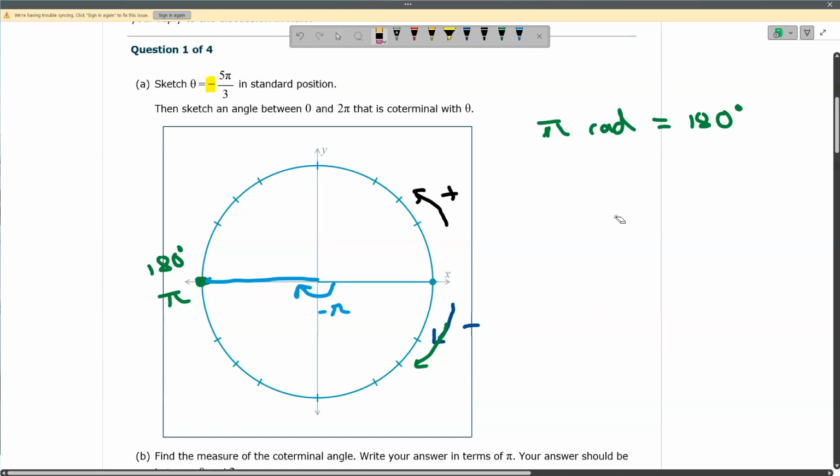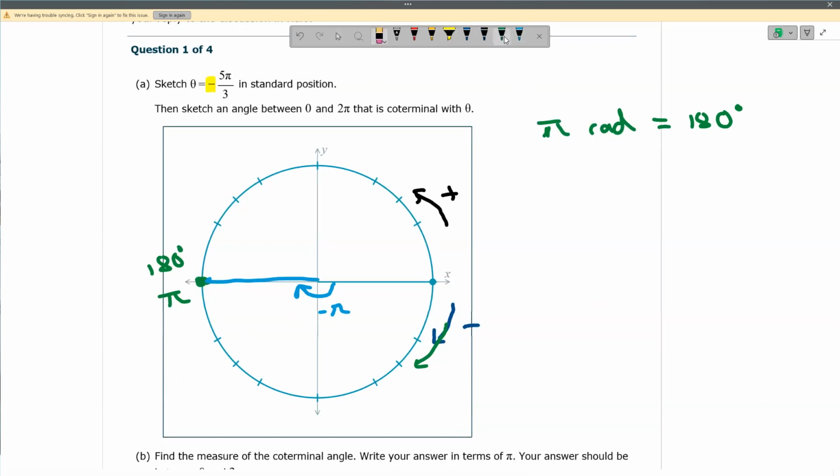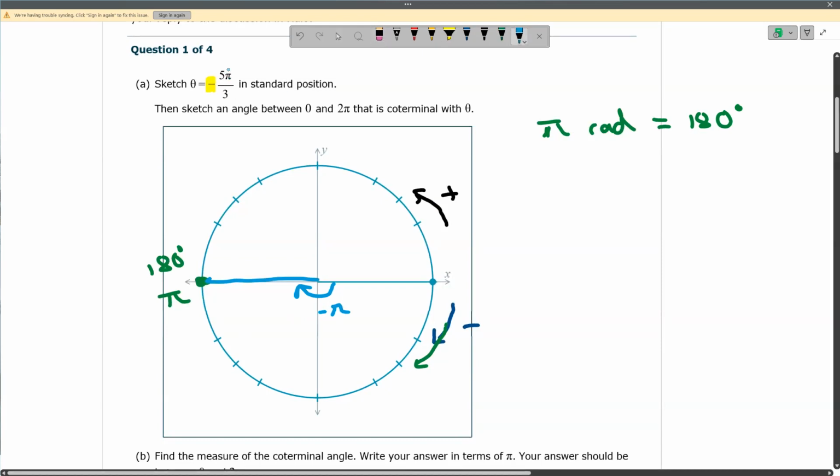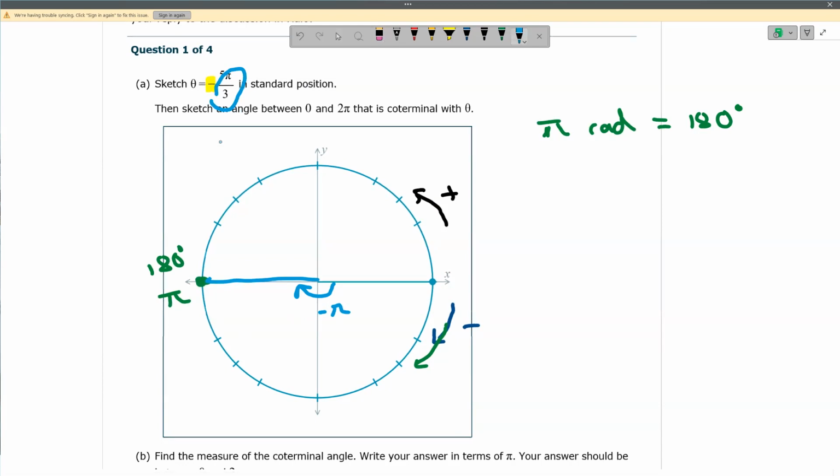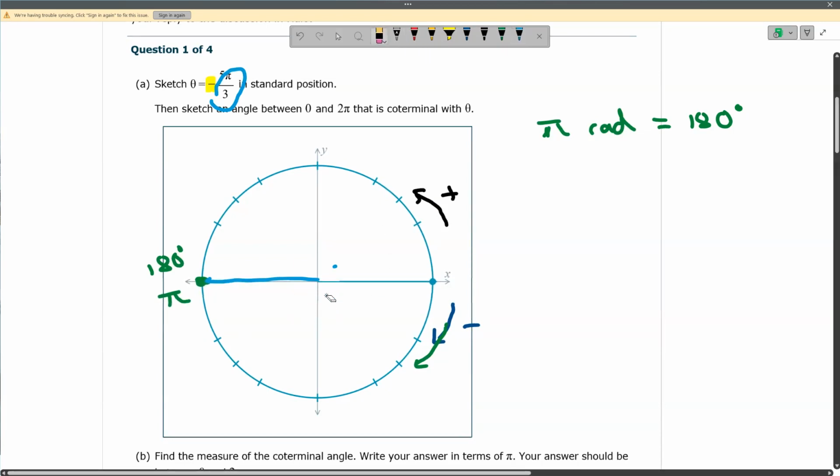Now, in our case, we have negative 5 pi over 3. So what you need to do is look at pi over 3 first, and then count from there. So what is pi thirds? Think about this: from here as you rotate, this is negative pi. Now, negative pi over 3 would be a third of it.